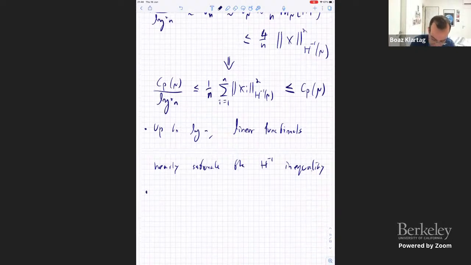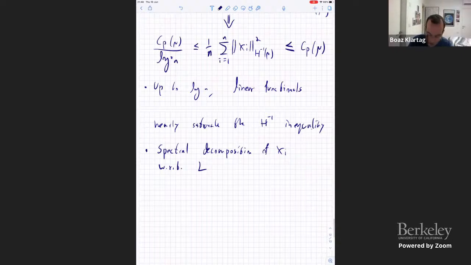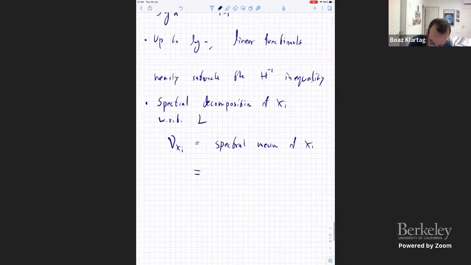Okay, so let's look at the spectral decomposition of xi, a typical xi of one of these functions, with respect to the operator L. What does it mean, spectral decomposition? I'll call it nu of xi. It's a measure on R, called the spectral measure of xi. Basically, ignore these things.